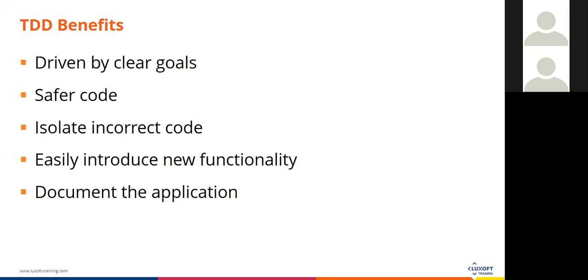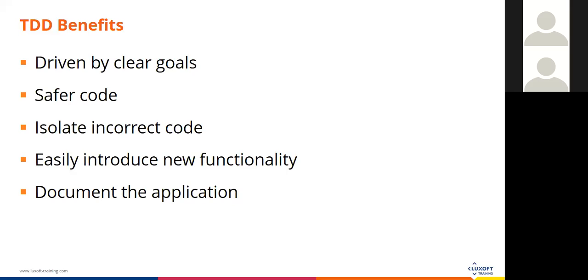Then you are able to isolate the incorrect code. It means that if something goes wrong, you are going to see which test is failing. Say, I try to do this, and I am expecting some output, and instead of the expected output, I am getting something else. So you are warned by the test that the output is different than the expected one, and it will tell you exactly where it happens.